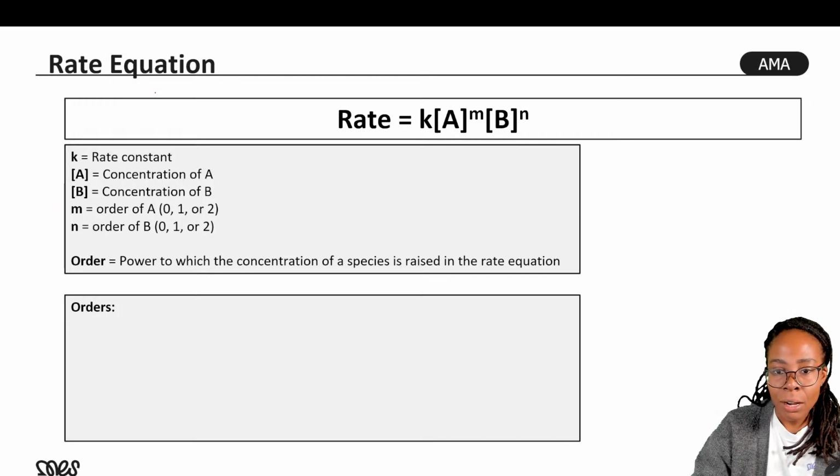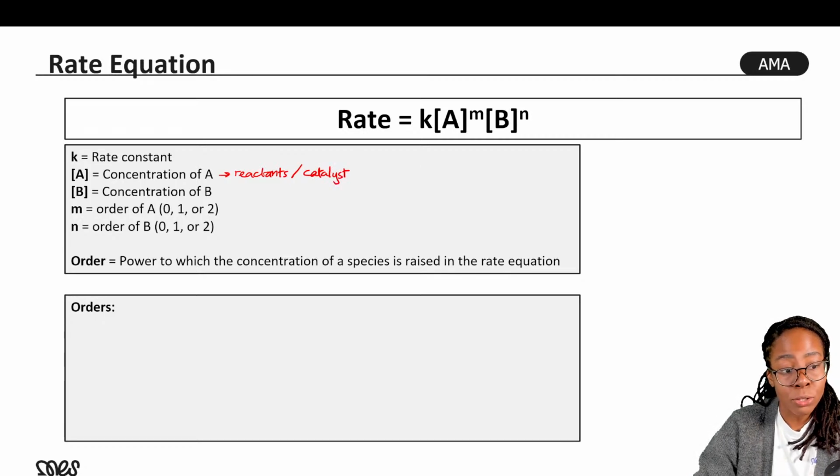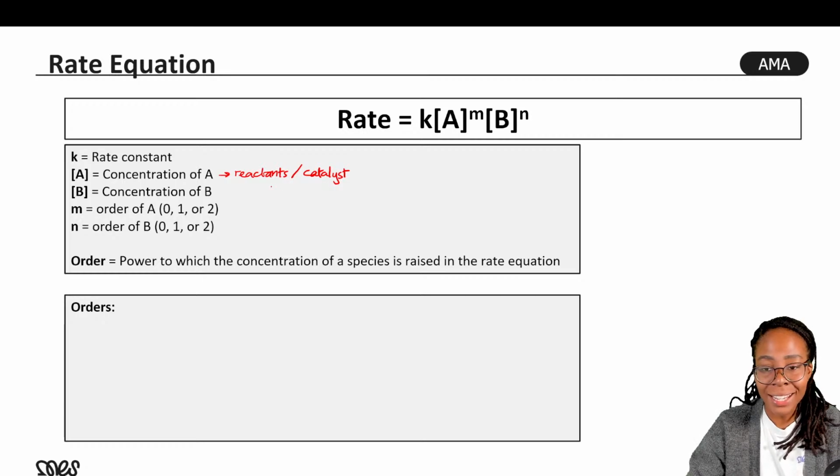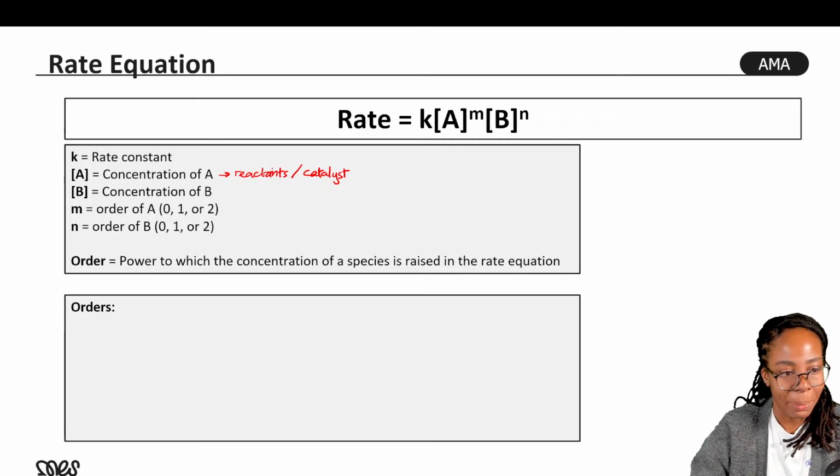Again, A and B don't just have to be reactants. They can be reactants or catalysts, because we know catalysts affect the rate of reaction, so they could also play a part in the rate equation because they give our alternative pathway with a lower activation energy.